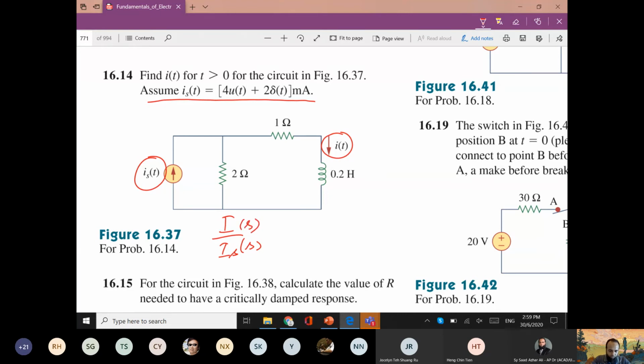We don't have to insert the values of the input there. We have to find out the transfer function H of s equal output in Laplace divided by input in Laplace, right? So I hope I can find some space here. Not enough.